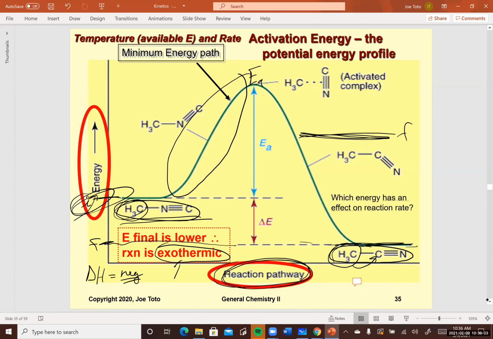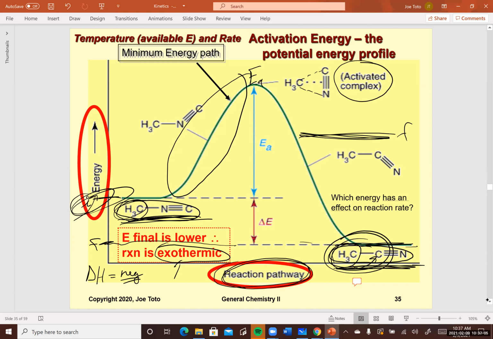If you want to propose the activation geometry, or what's called the activated complex, then your guess would be an average between the reactant geometry and the product geometry, where you have a simultaneous breaking of the carbon-nitrogen bond, while at the same time a formation of the carbon-carbon bond in the product.